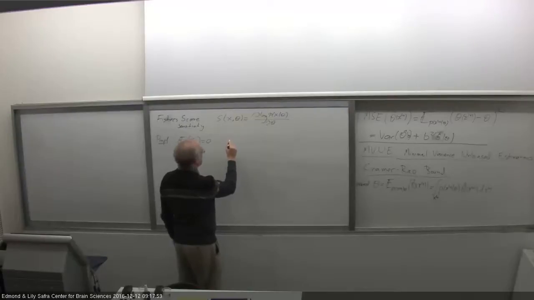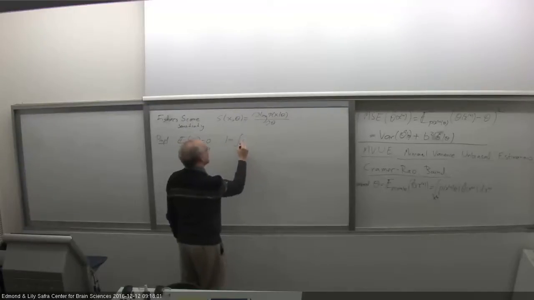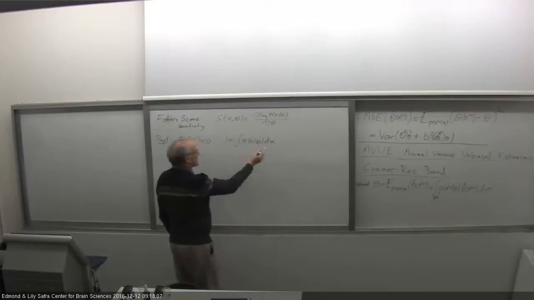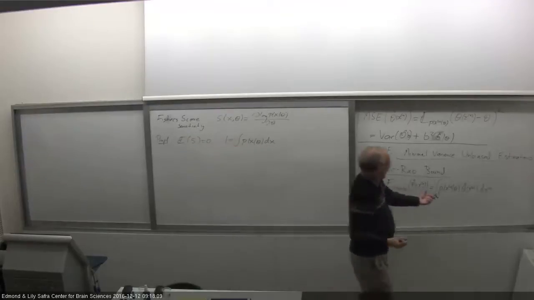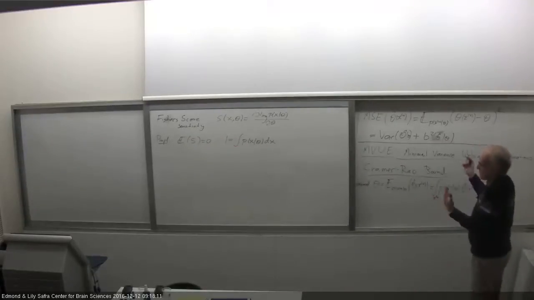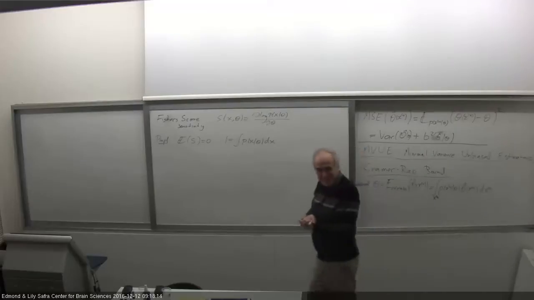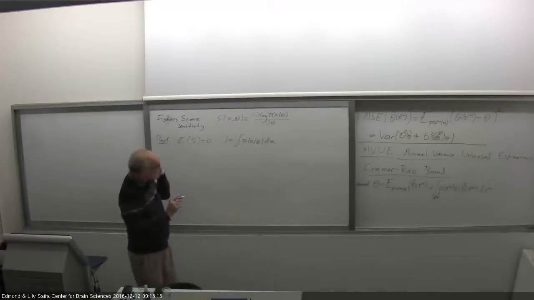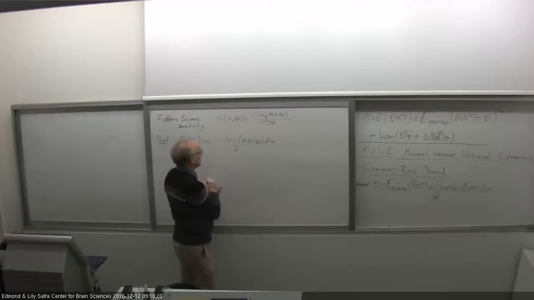Because I know that the distribution is normalized. It's the same thing as writing the full sample, but it's normalized for every x. So again, this is the integral over all possible x.